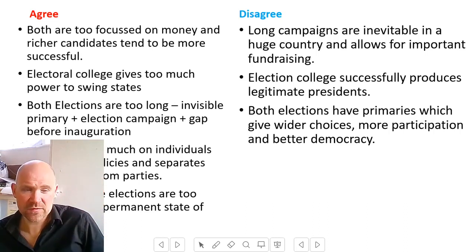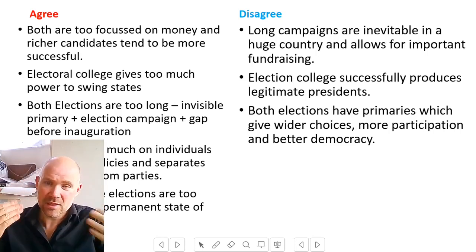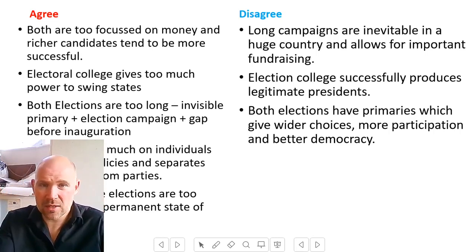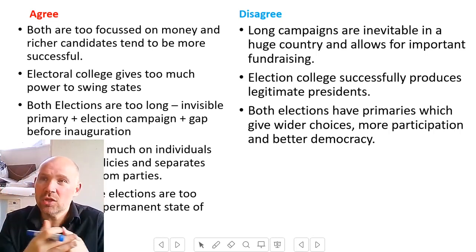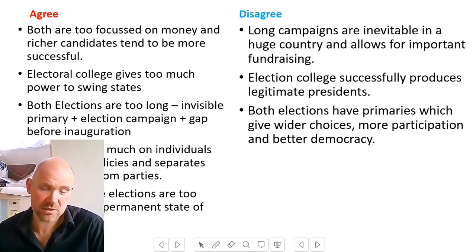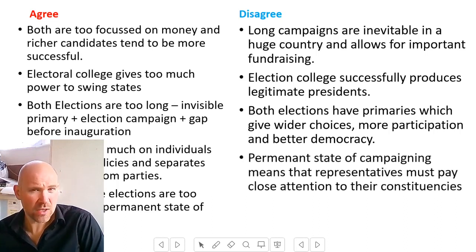It gives more opportunity for participation and ultimately perhaps better democracy. You're not just choosing between the two candidates that the parties have put up for you. You're not just choosing between Corbyn and Johnson. You know, what if you don't like either? You are choosing between a huge amount of candidates which you can influence in terms of who actually goes forward to the general election. You can get a really good paragraph out of that.